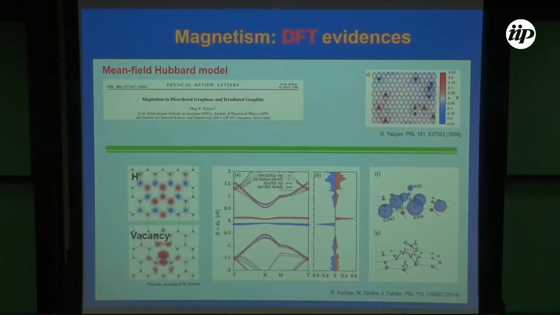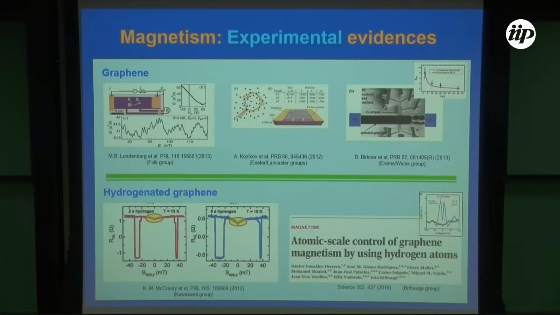Okay, so I think after Roland's talk and Ahmed's talk, I don't need to tell too much that we know that the impurities are bringing magnetic moments to the graphene. Based on the DFT calculations done by Oleg or Martin, we know that light atoms like hydrogen, vacancy, methyl group, if they are placed on top of the graphene, will induce magnetic moments. So they are there.